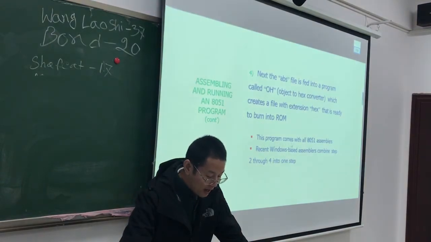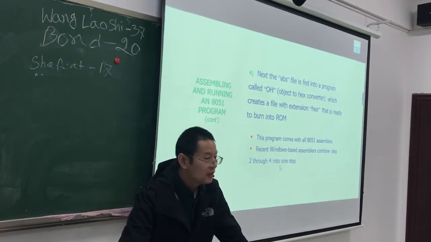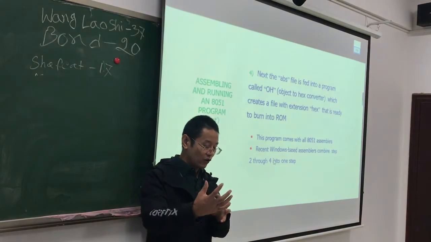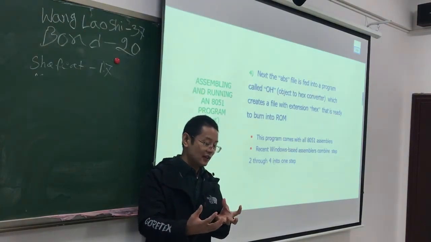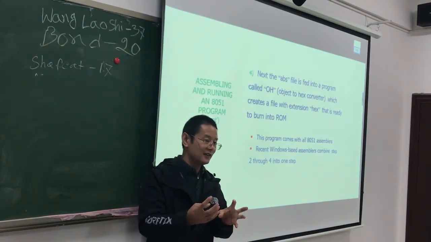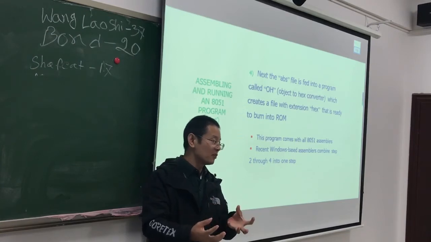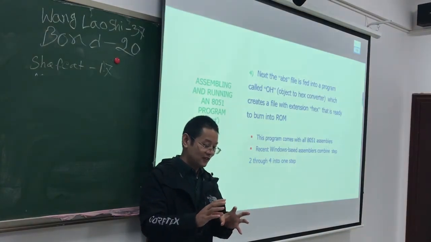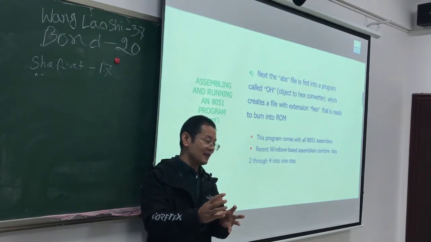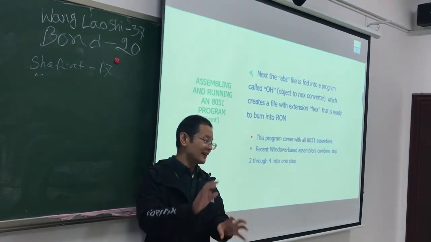This program comes with all 8051 assemblers. Recently, Windows-based assemblers combine steps 2, 3, 4 into one step, which means you have your source open with the assembler and click make a program.